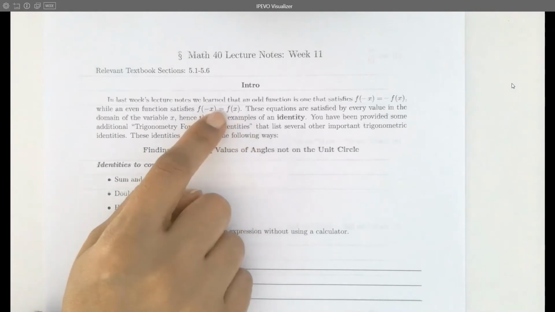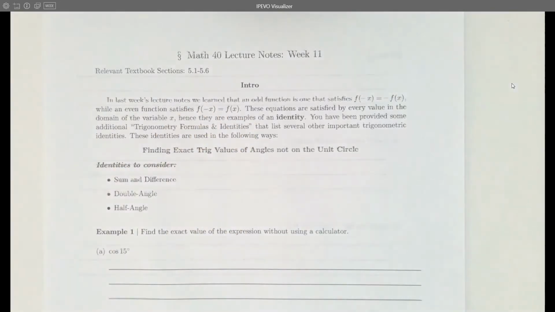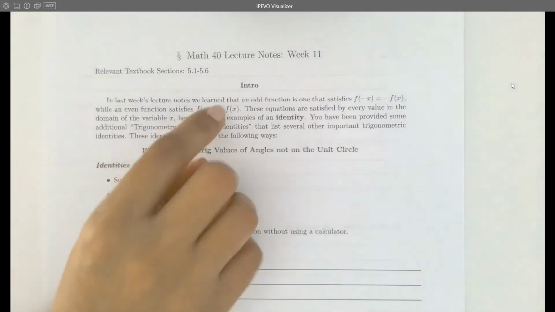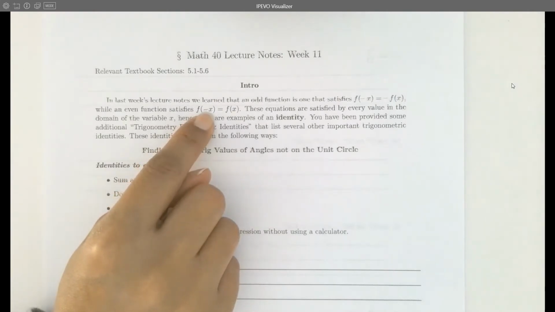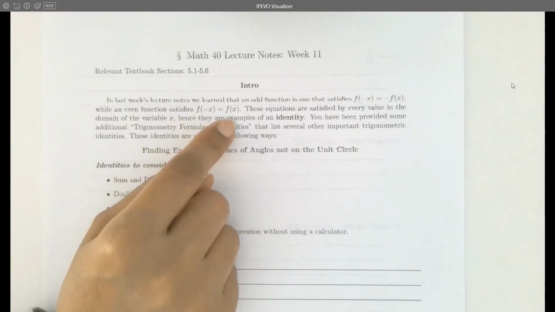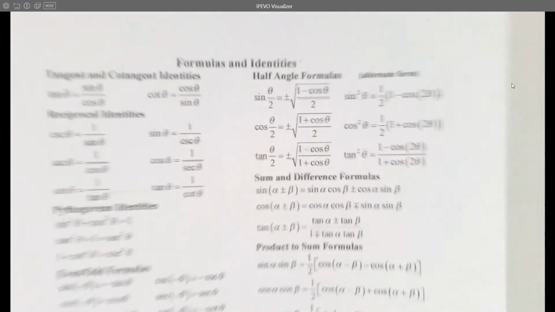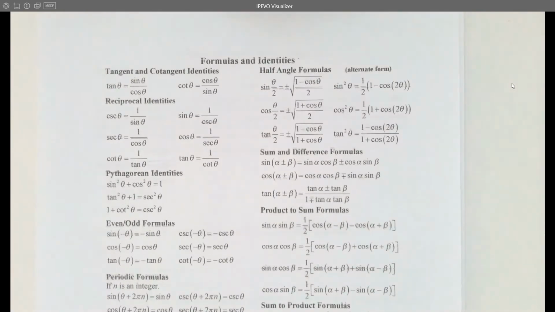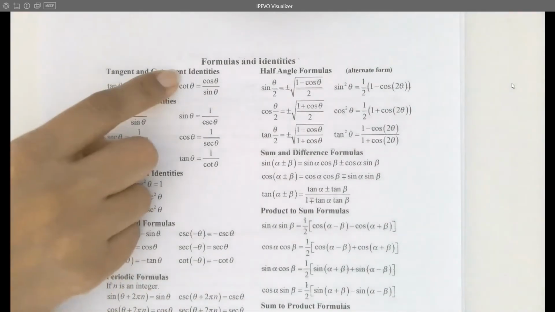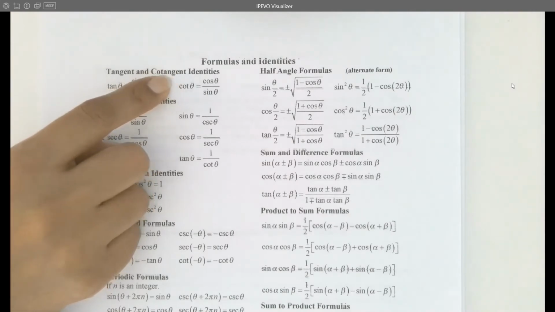They are examples of identities because that is something that is true regardless of what value you replace for x. So it's true for every x, and when that is the case, you have an identity. And so those are just two of several other identities that exist for trigonometry. If you take a look at Canvas under the module for this week, you'll find a sheet that is called Formulas and Identities.